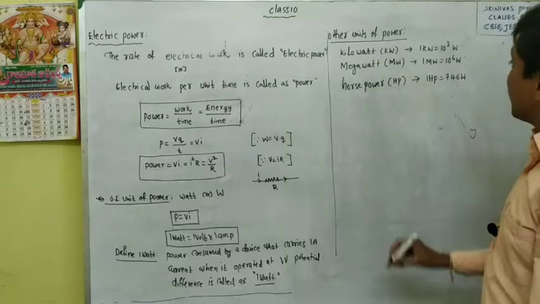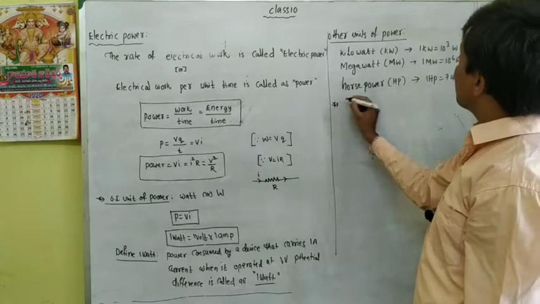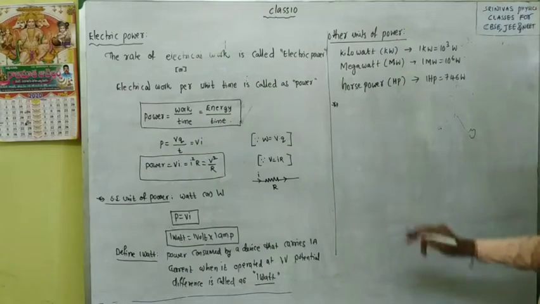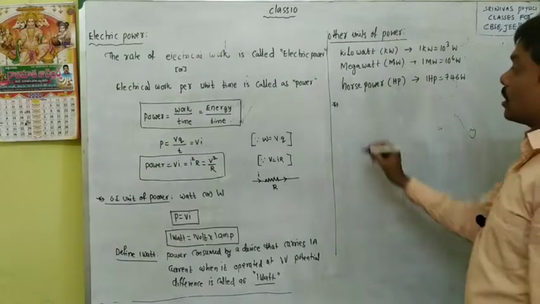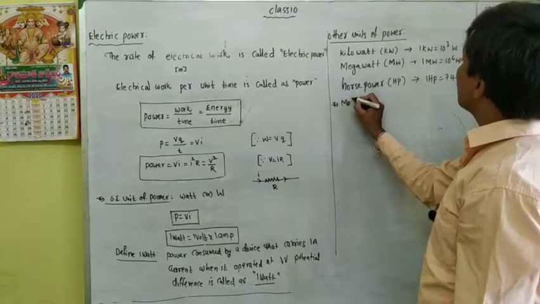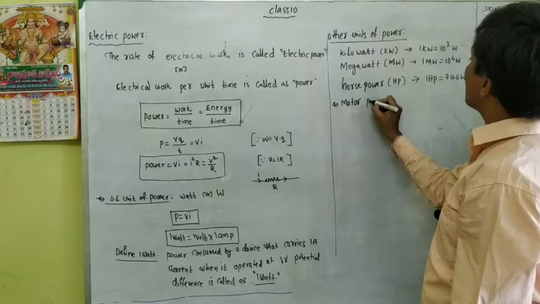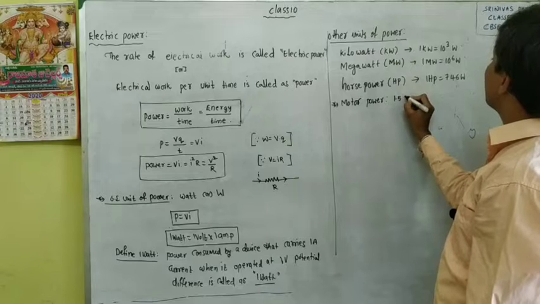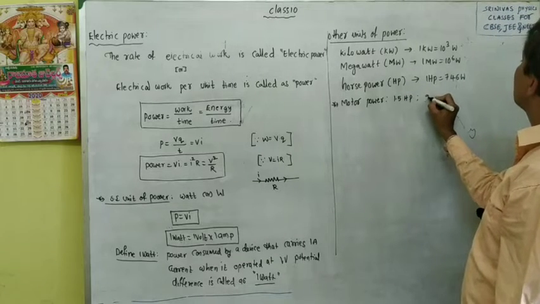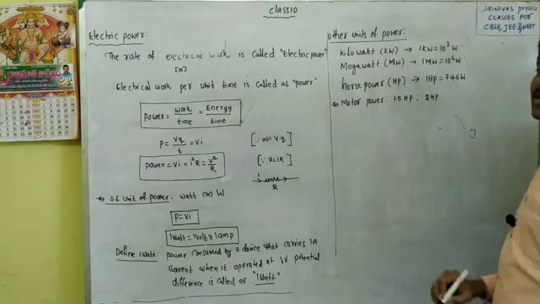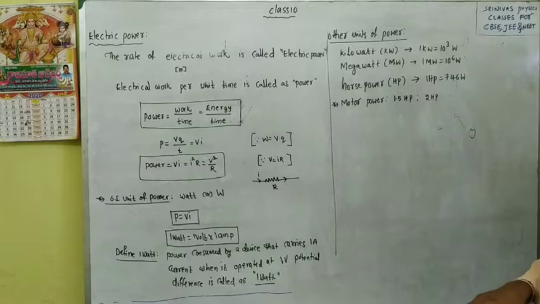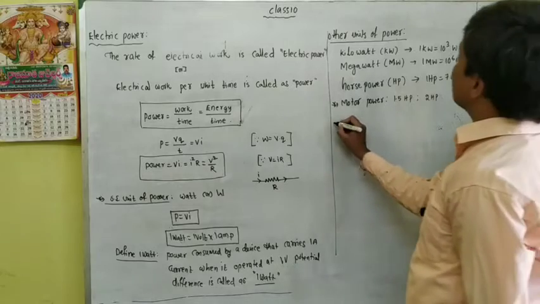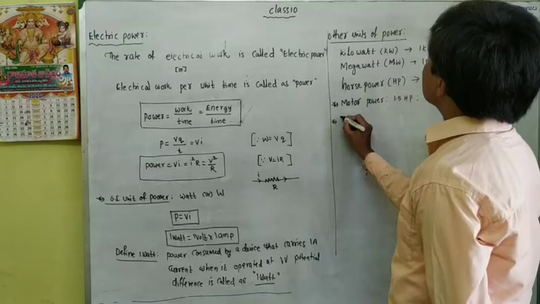Large power is measured in horsepowers. For motor power we write 1.5 HP, 2 HP, like this. 1 horsepower equals how many watts? 746 watts.